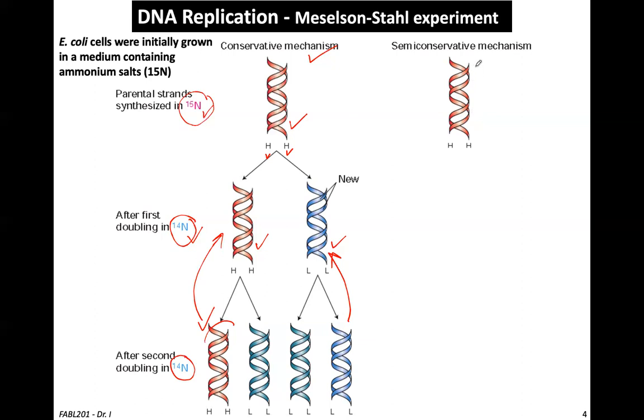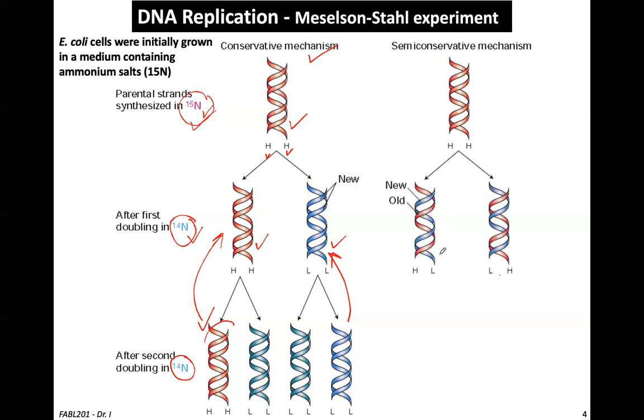So if you have a semi-conservative mechanism and you grow the media in N15, the heavier nitrogen, the same will happen: the DNA will form with the heavy nitrogen, and you will have two heavy strands for the DNA.